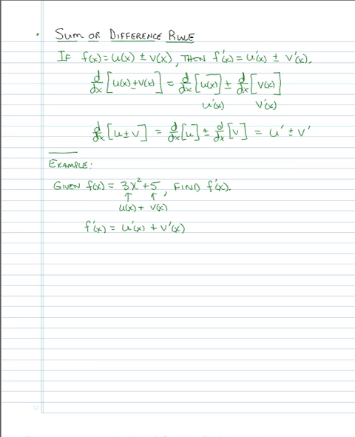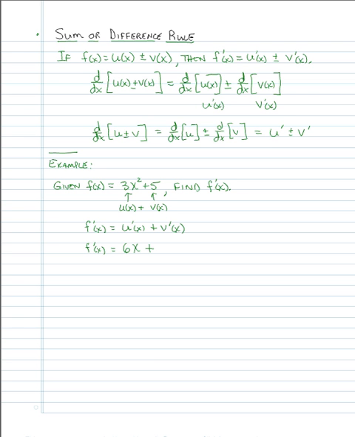And so in this case, we can easily calculate the derivative of u just by looking at it. We remember, oh, we'll take the exponent 2, we'll multiply with 3, that gives us 6x. And we also remember that we reduce that exponent on x by 1. We don't normally write x to the first power, so we'll just write x.